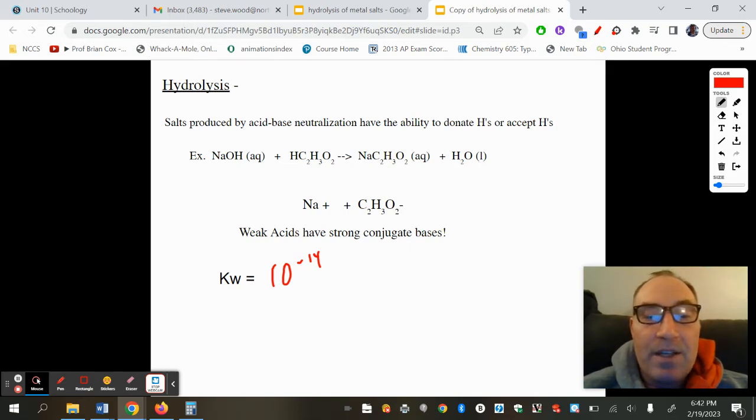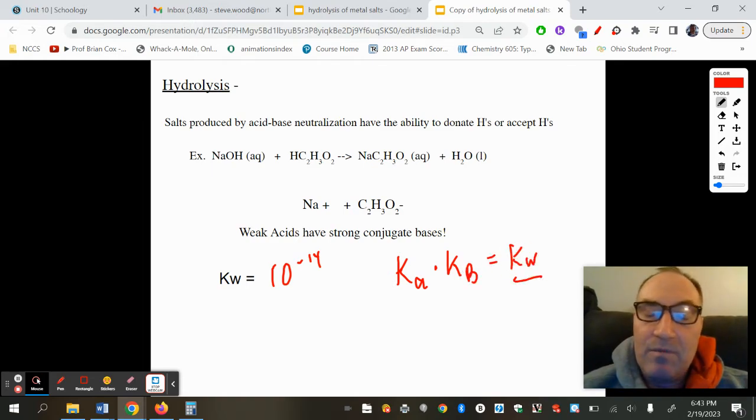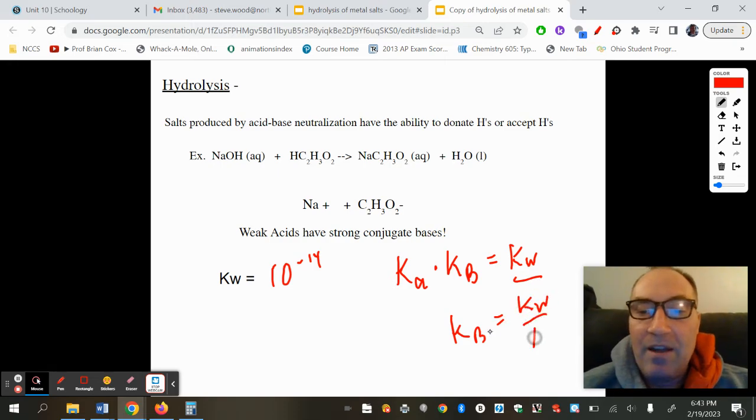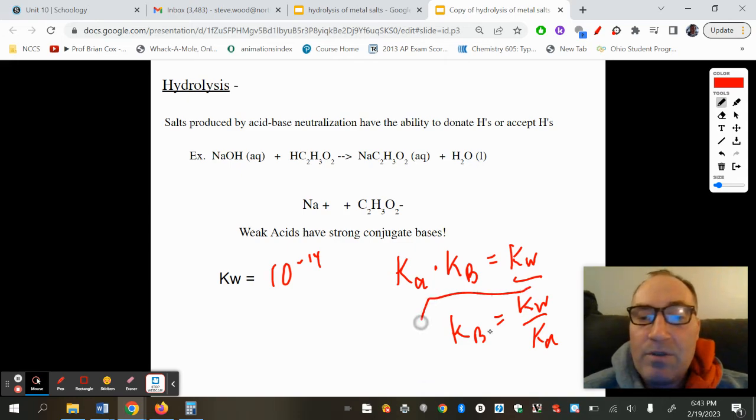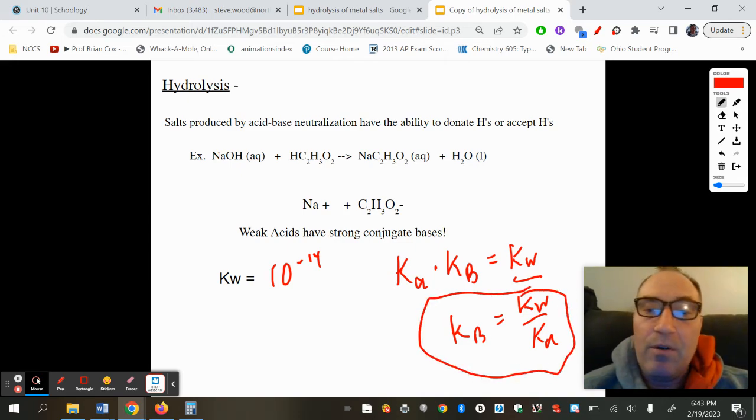But what we found is that if you take Ka times Kb, you get Kw. This is a definition of how they're related to each other. So Kb is equal to Kw divided by Ka, or Ka is Kw divided by Kb. You use this often to go between the two.